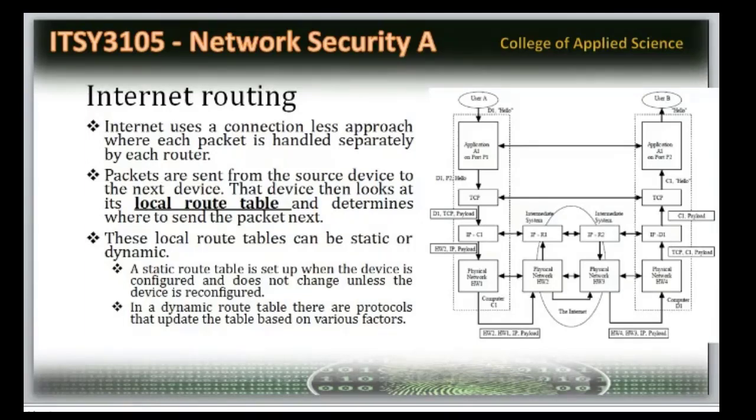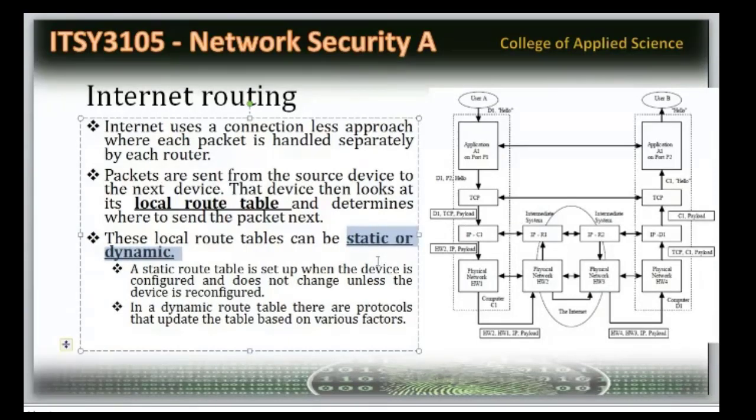Then you can use 2 different methods for creating the routing tables, that is static method and dynamic method. Static routing and dynamic routing. The static method means the administrator must create all the routes.